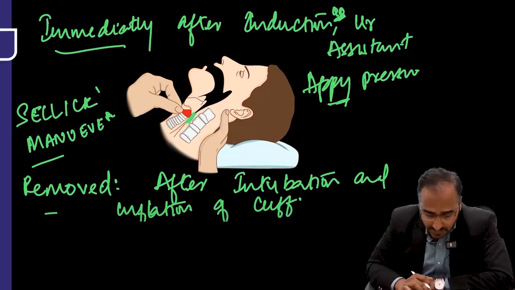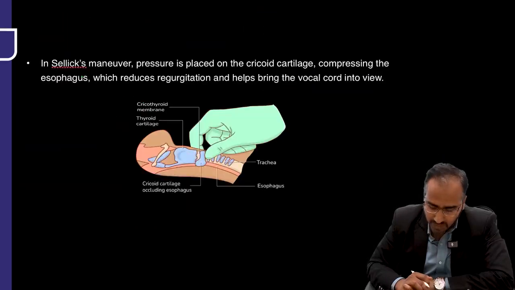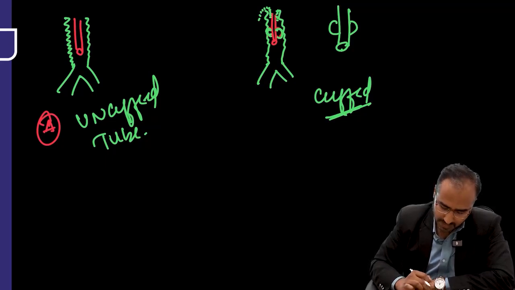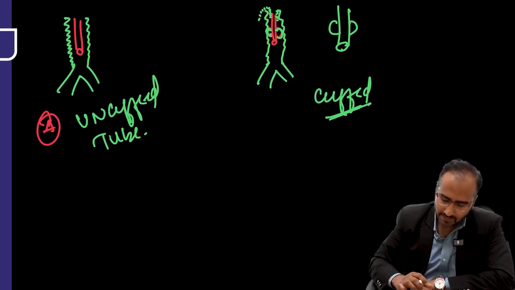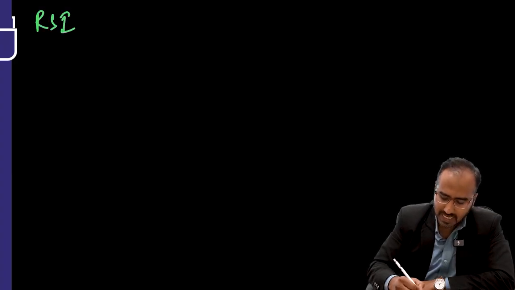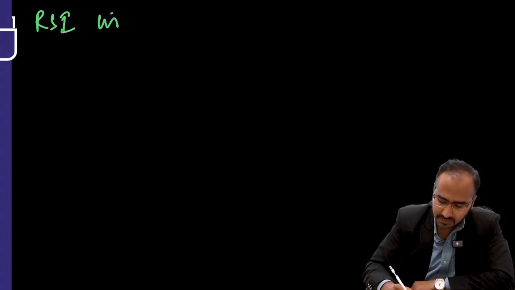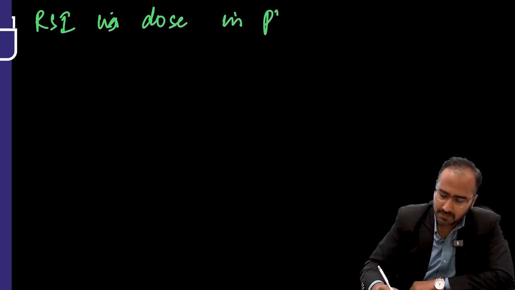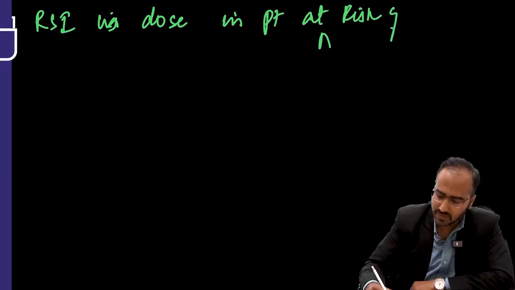So in which patients do we have to go for Sellick's maneuver? In patients who are at risk of aspiration. Sellick's maneuver, or RSI, rapid sequence induction, is done in patients at risk of aspiration. Who are the patients who are at risk of aspiration?